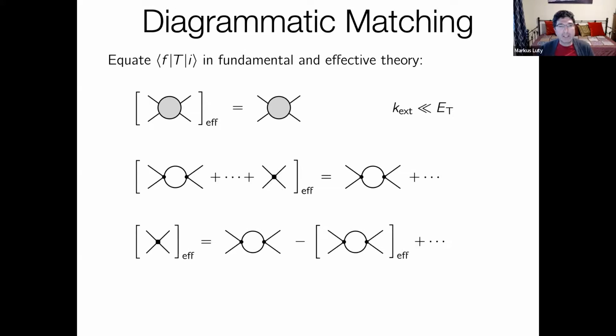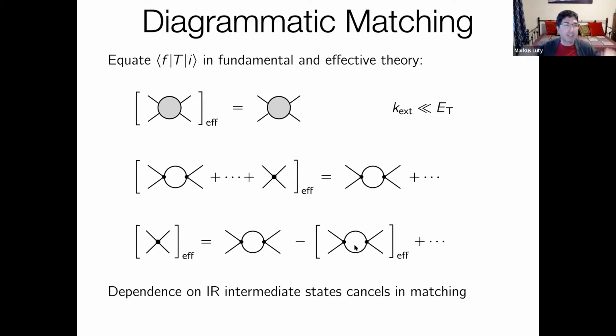And so in this example, the effective Hamiltonian matrix element is a difference between diagrams in the fundamental and the effective theory, okay? And this is an important conceptual point because these two diagrams, we know they behave very, very differently in the UV for states that are near the cutoff, but they have the same dependence on the IR intermediate states here and here.